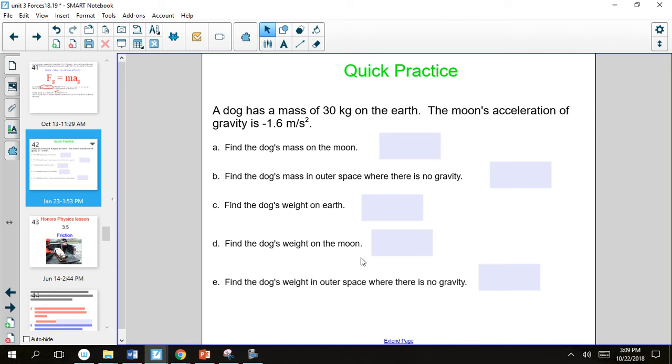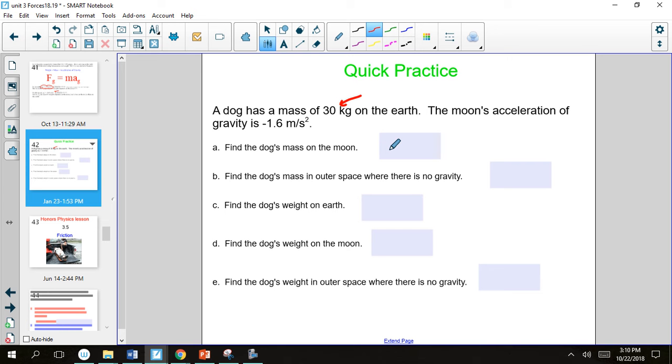So here we have a dog. Maybe it's the cute dog from the beginning. Maybe it's not. I don't know. We'll see. The dog has a mass of 30 kilograms on Earth. So this is how much matter it's taking up, right? That's how much matter is in this dog. This is how much inertia this dog has.